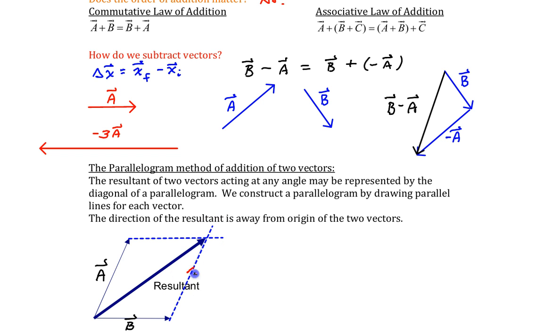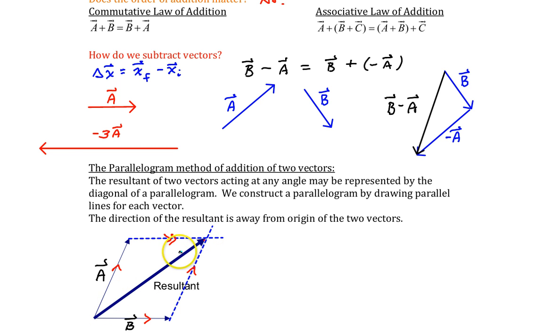This line would be parallel to vector A, and this line here would be parallel to vector B, and you would have constructed a parallelogram. The resultant vector would be an arrow that starts at the tails of the two vectors, moving along the diagonal of the parallelogram to the other corner.